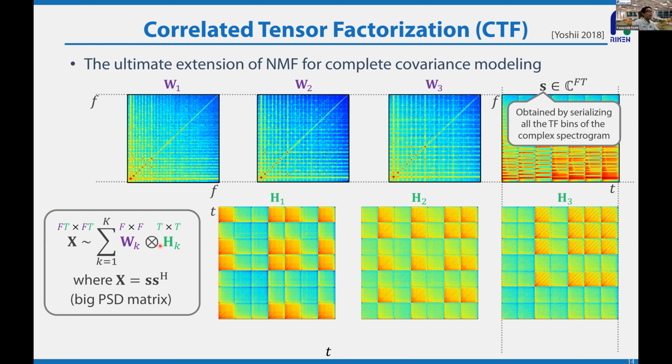In CTF, each axis of input data is linearly transformed. This means that we want to find a better space satisfying independence and low rankness. Okay, so this is the formulation of fast CTF. This was already derived in the previous slide.